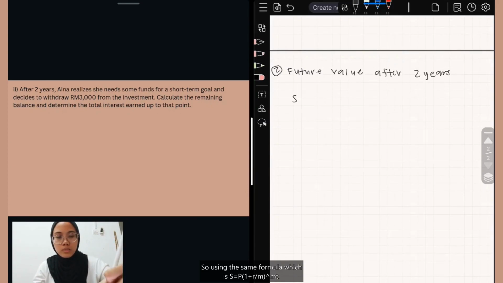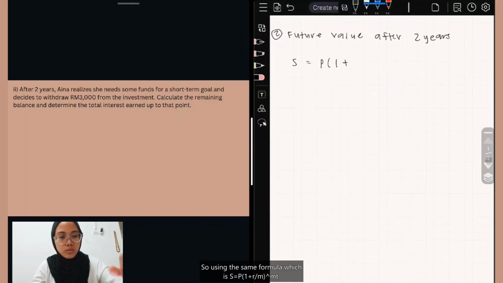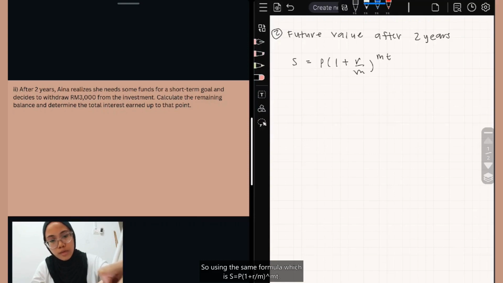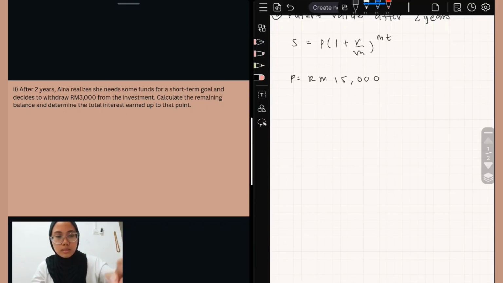So using the same formula, which is S equals P times 1 plus R over M, to the power of MT. P here, using the same number, is RM 15,000.